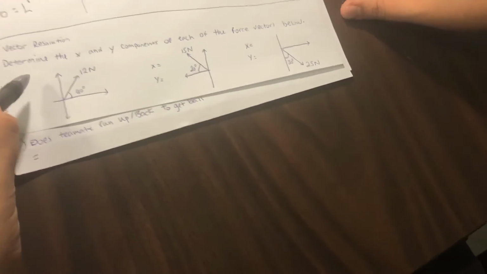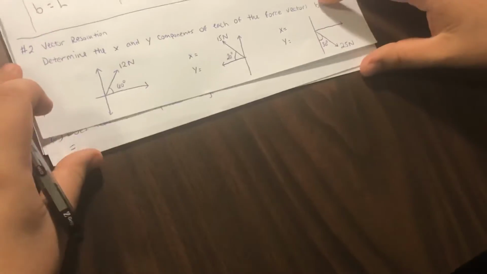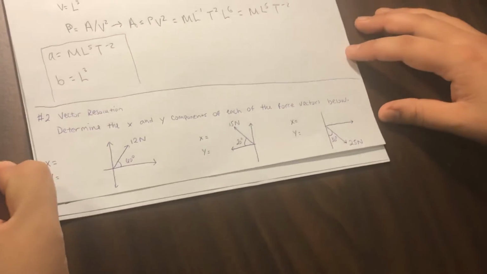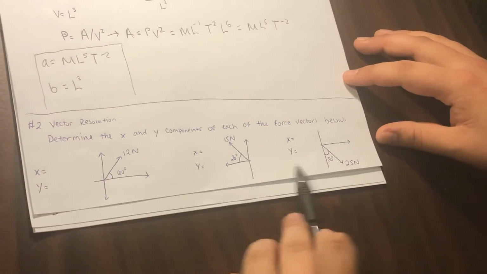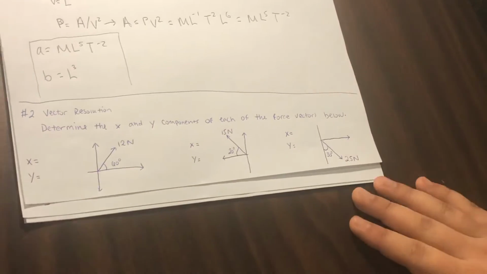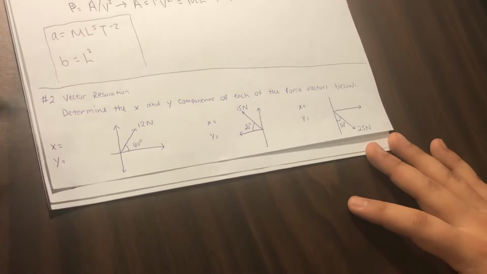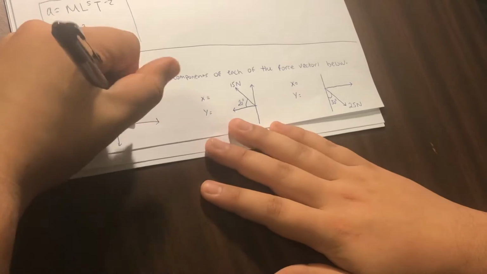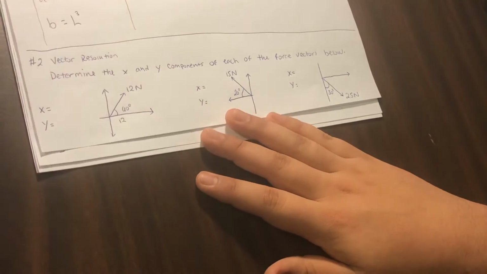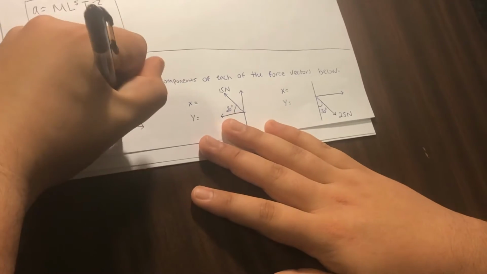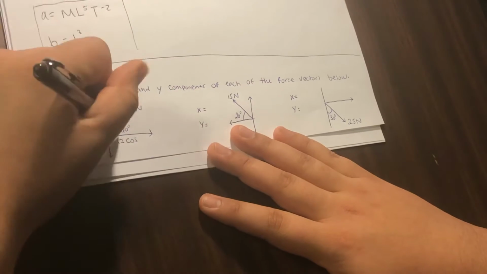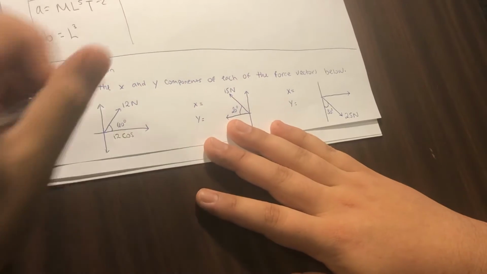Now on to question number 2, which is a vector resolution. You have to find the x and the y component of each of these vectors. So it's pretty simple. x would equal 12 cosine of theta, which is 60.